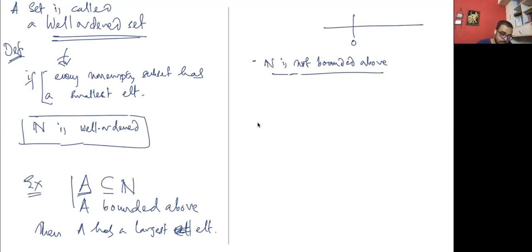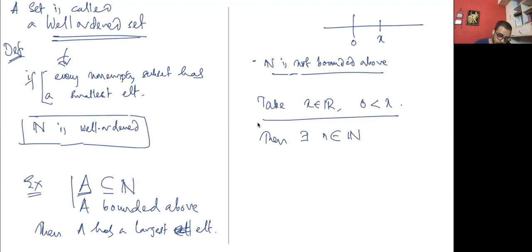Suppose you take a positive real x. So take a real x which is positive, then there will exist a natural number such that, okay, so this is something that we know, but now you see that this would follow from these properties that we have proved.